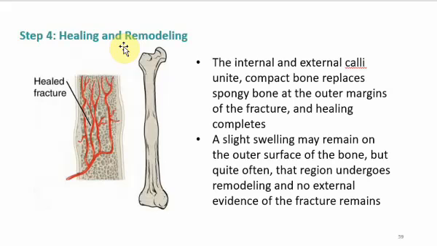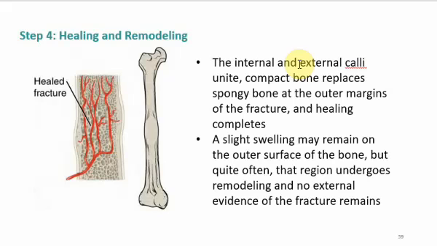The very last stage in the bone healing process is final healing and remodeling. I remember we talked about the formation of the internal callus on the side of the medullary cavity and the external callus towards the periosteum.